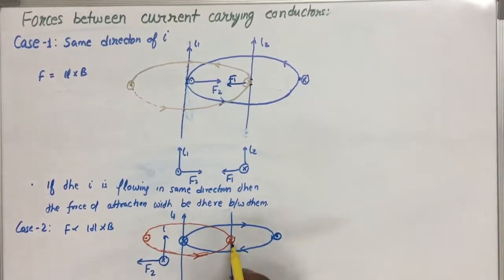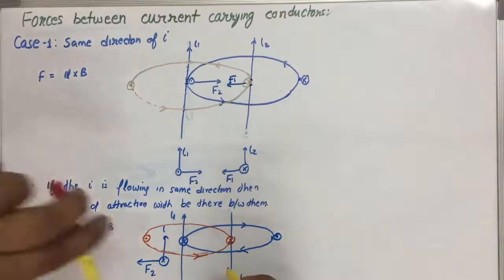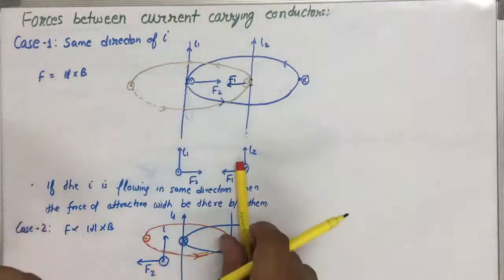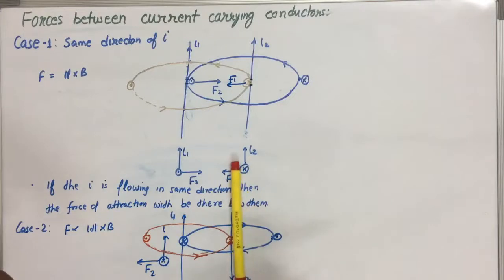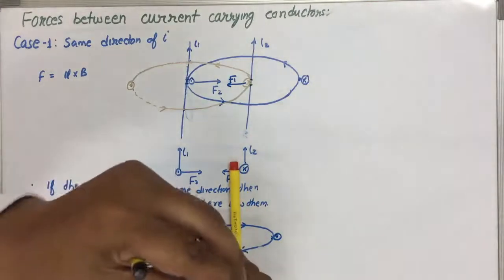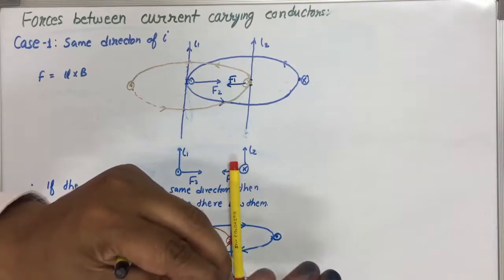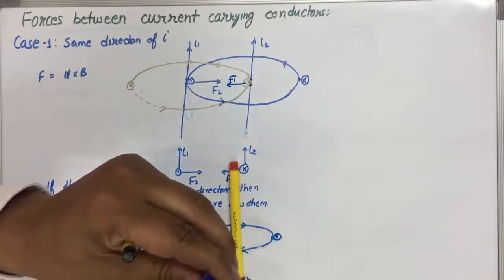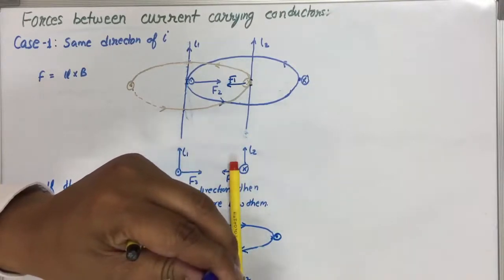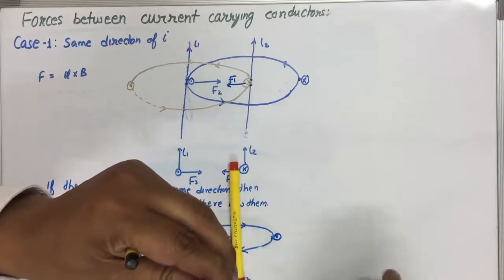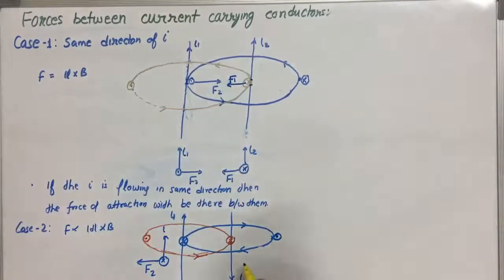So if we wish to find the force at this element of current conductor I2, then at this point the field is downward and the current is in this direction. In this conductor the current is here, the field is down, and the IDL cross B, the downward direction, gives the force direction, which will be in the direction of the palm.